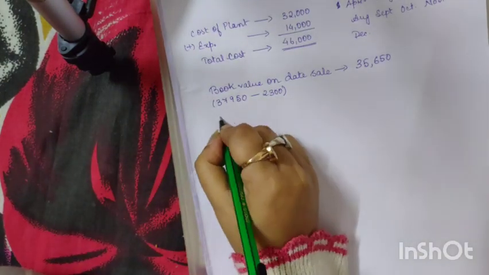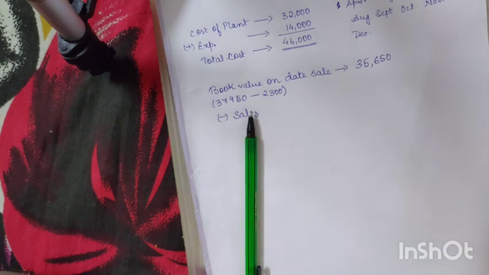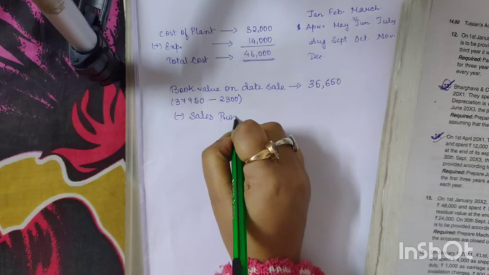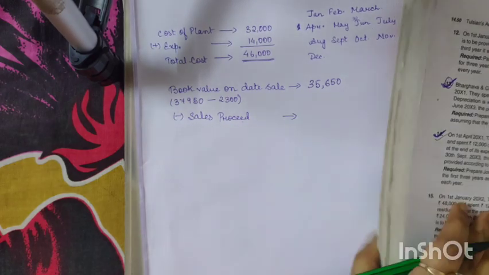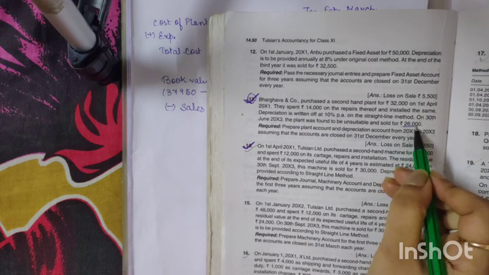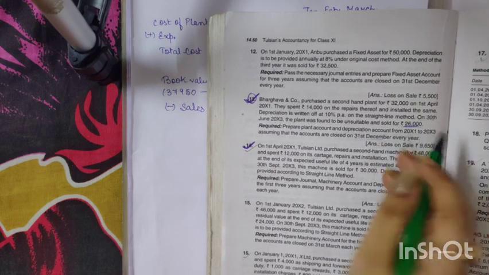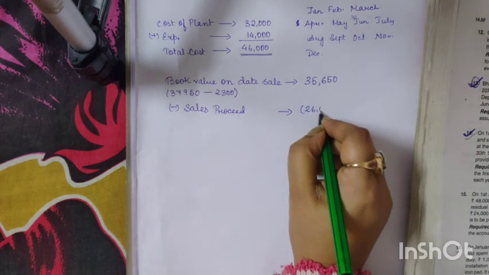That means less sales proceed. In sales proceed we will write the selling price of the machine, the plant. Here the selling price of the plant is 26,000. So here we will write 26,000.